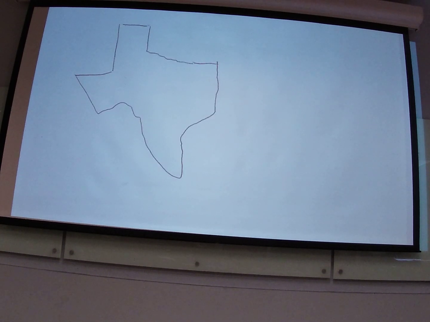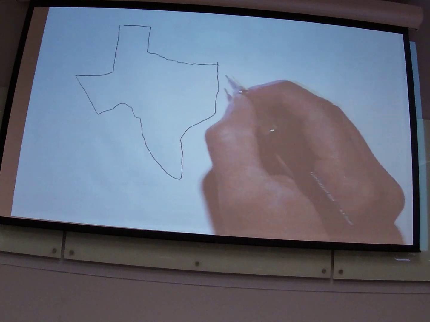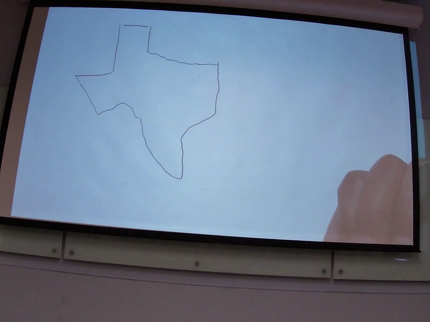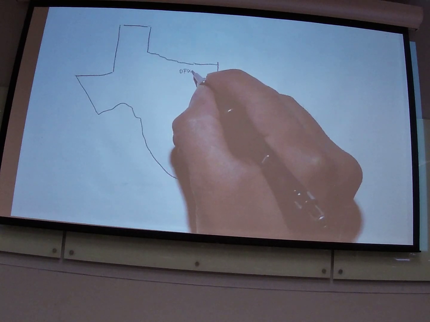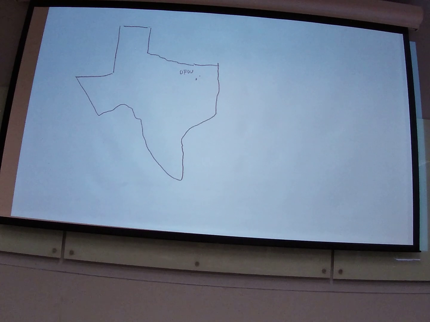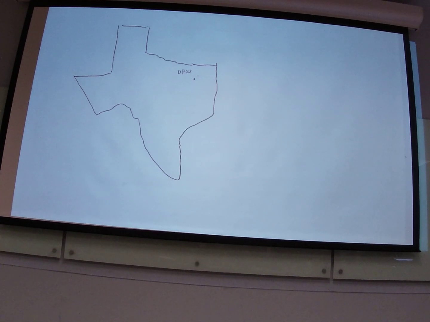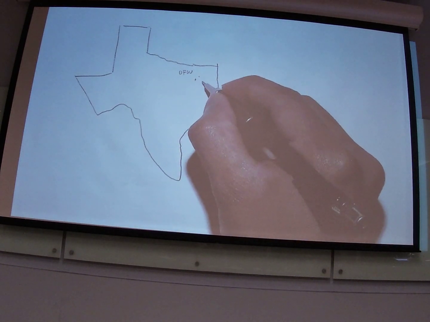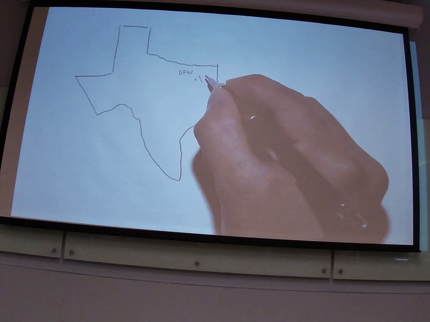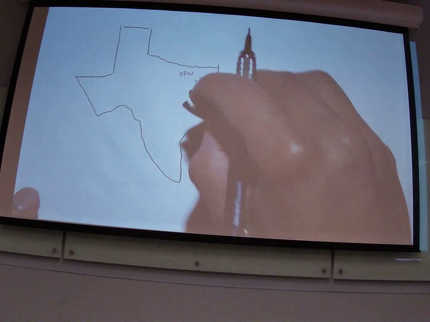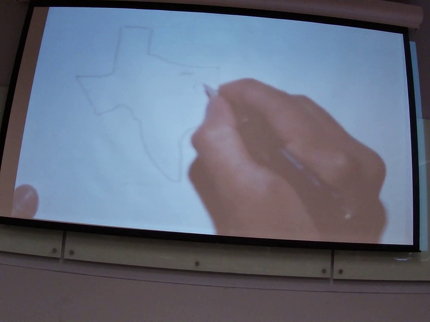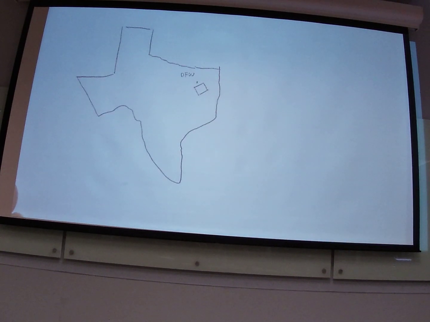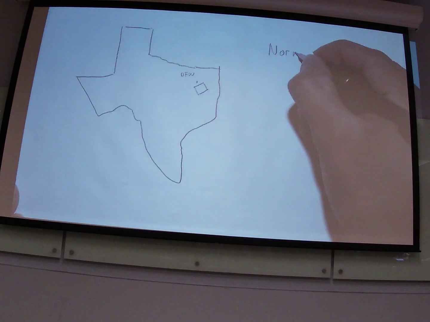So, what shale do we have close to Dallas-Fort Worth? Barnett shale. Close to the Barnett shale, we have, let me draw a little bit over here, a normal faulting regime.